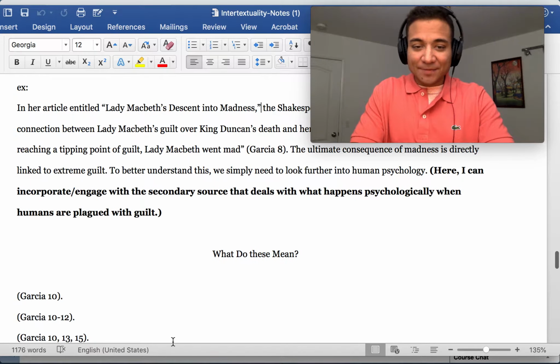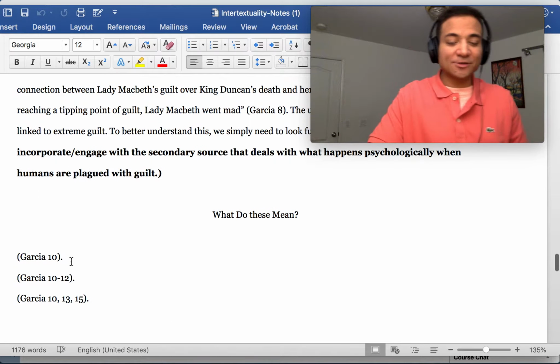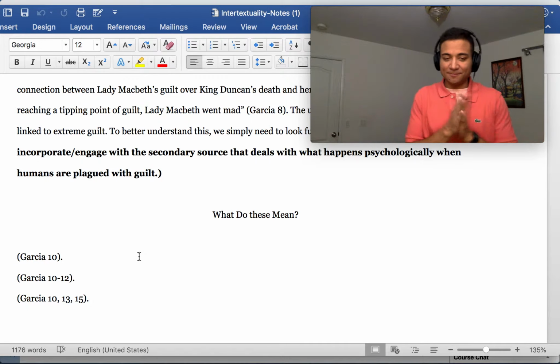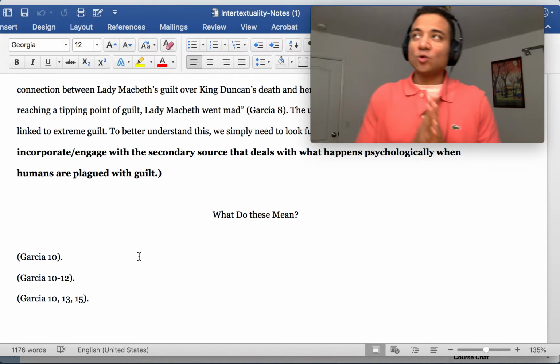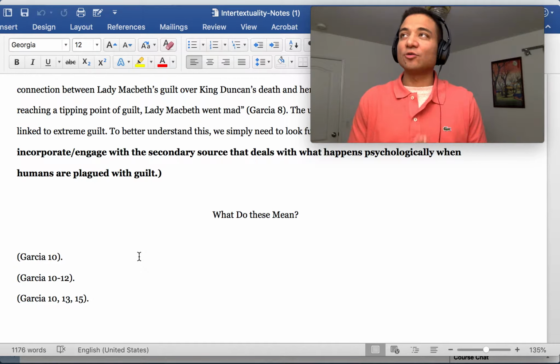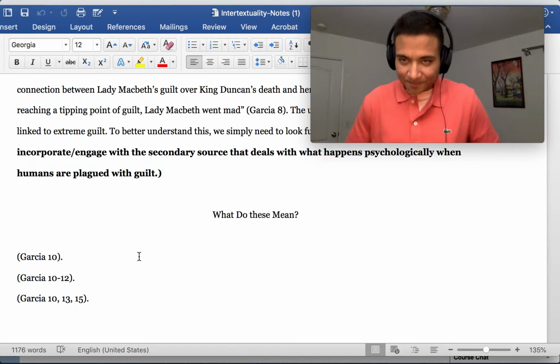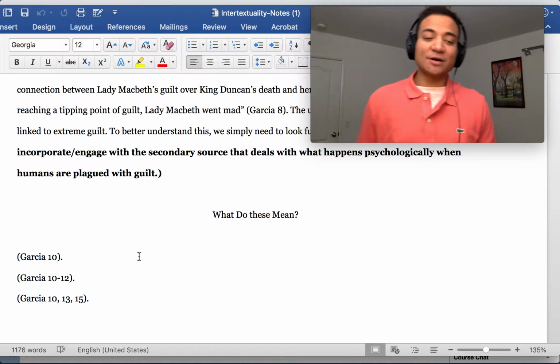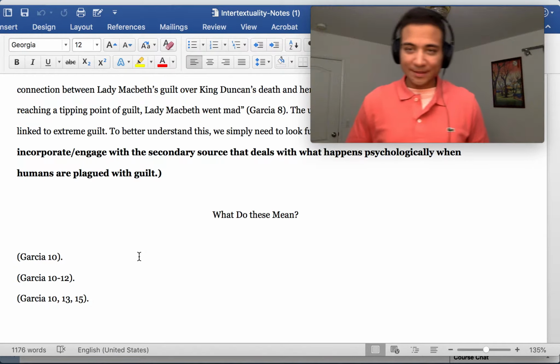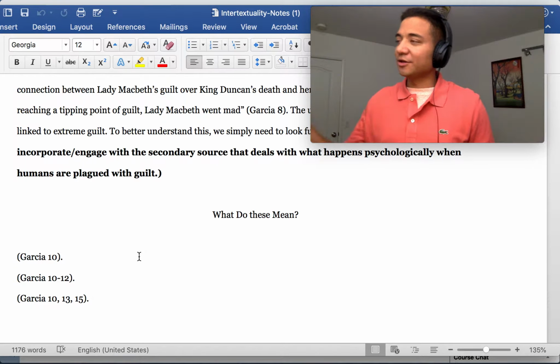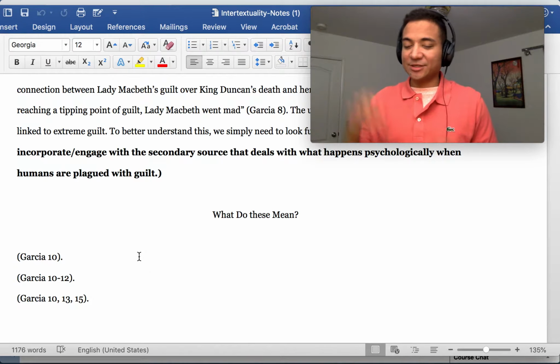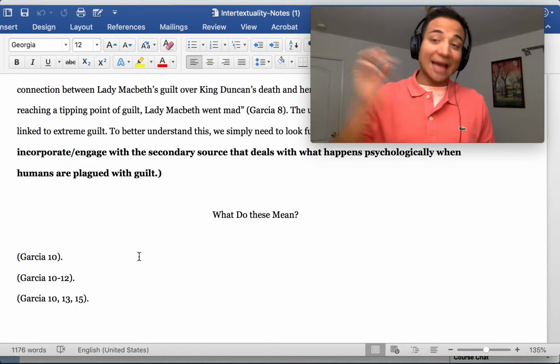So check this out. What do these mean? Okay, so Garcia 10, what does that mean? That means that what we are covering or referencing is found on page 10. What about Garcia 10-12? Then what we are looking at is found on pages 10, 11, and 12.